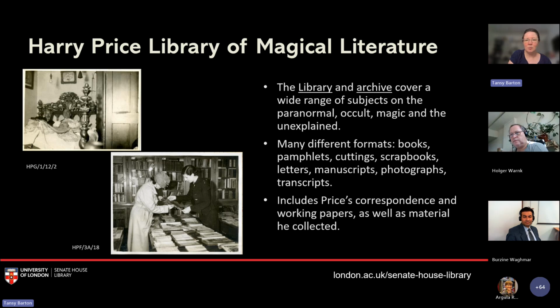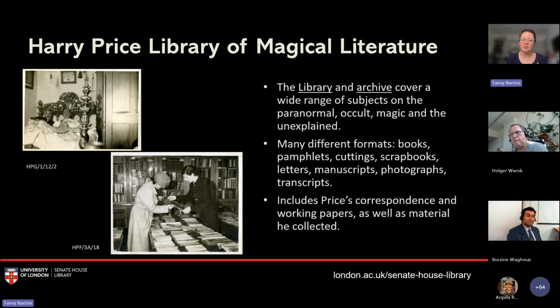The collection includes a wide range of formats, and most of the material that you can find in the collection on South Asian magic mostly comes from the non-traditional print formats, so cut-ins, off-prints, scrapbooks, pamphlets, and other materials within the archive as well as the library collection.